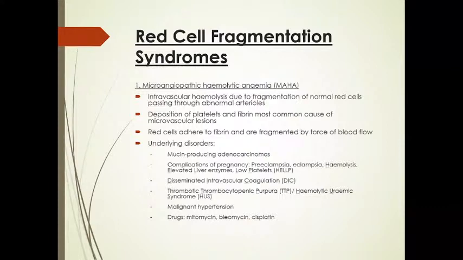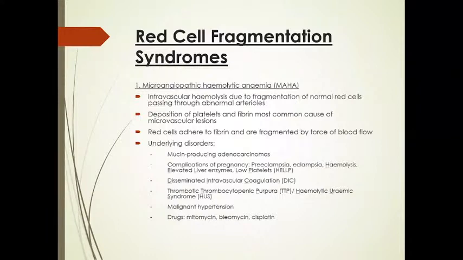So for the red cell, we'll discuss this at the end of the lecture. For the red cell fragmentation syndromes, now these give us quite a few problems. There are the thrombotic microangiopathies, or previously called the microangiopathic hemolytic anemias. This happens when there's intravascular hemolysis due to fragmentation of normal red cells as they're passing through abnormal vessels.